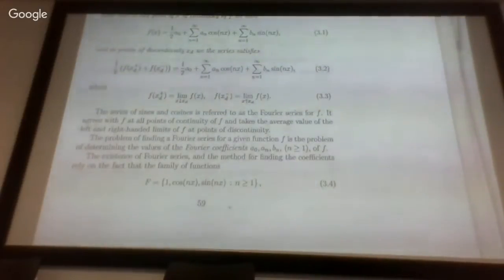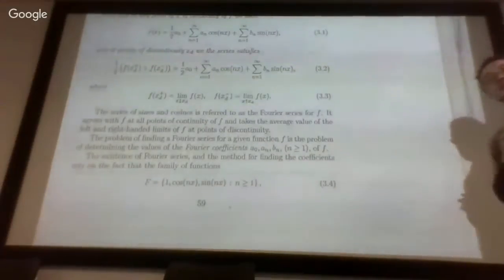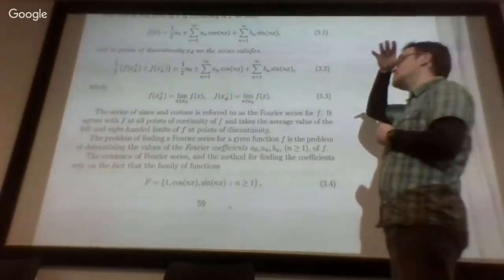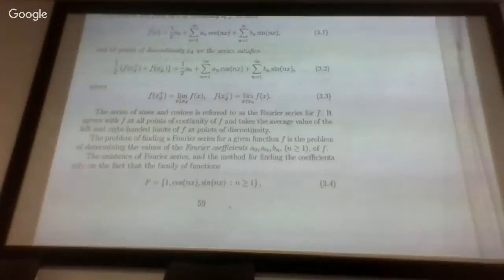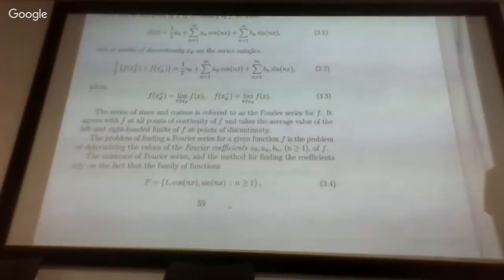We think of this as somehow similar to a Taylor series for a function, expanding a function as an infinite polynomial. Well, this is a variant on that. This time we're expanding a function not as an infinite series of polynomial terms, but in terms of these basic sine and cosine functions.